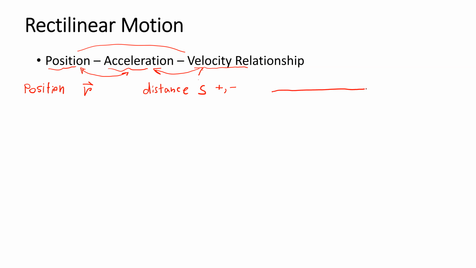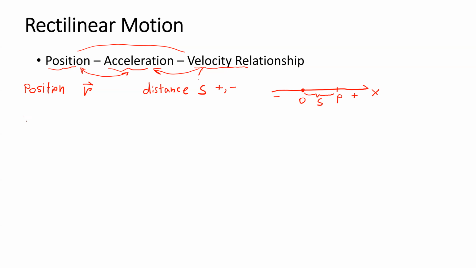As I mentioned, if you consider a linear motion, and the point P is on the right-hand side of the reference point, you can write the distance and indicate the direction by plus or minus. This is the position.